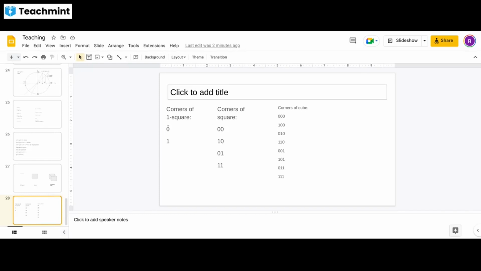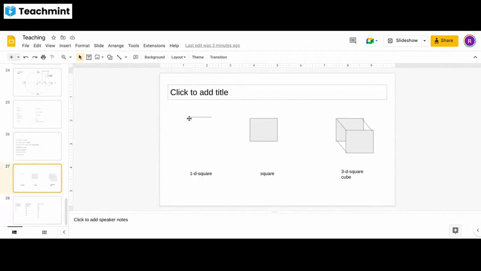See how I got the coordinates. In a one-dimensional square, I just have one coordinate. So I put 0 and a 1, like in a line segment. For a square, I take a 0 and a 1 in the first coordinate, and I make y equal to 0. And also I take 0 and 1 in the second coordinate, and I put y equal to 1.